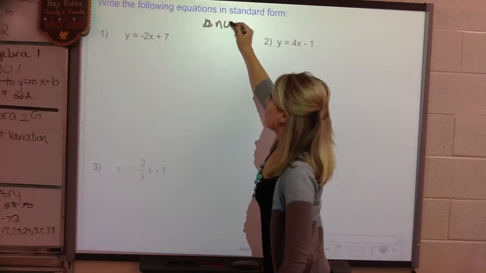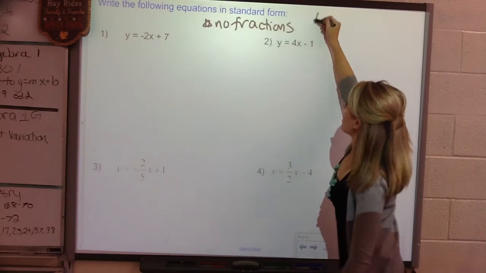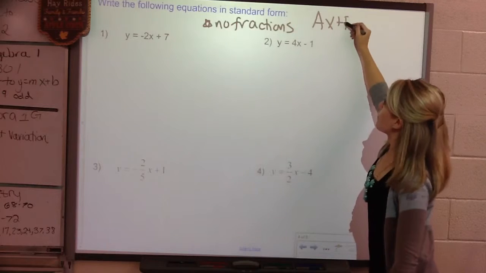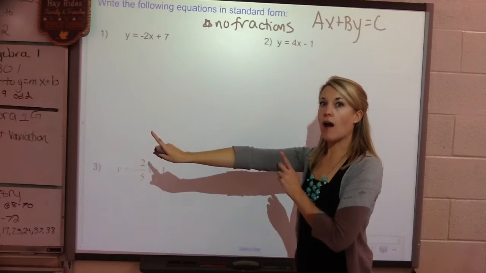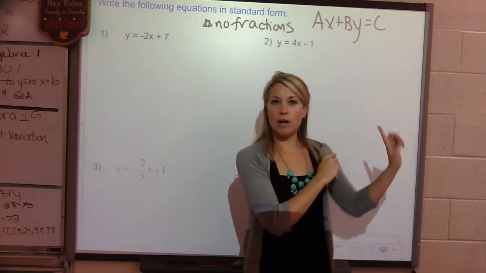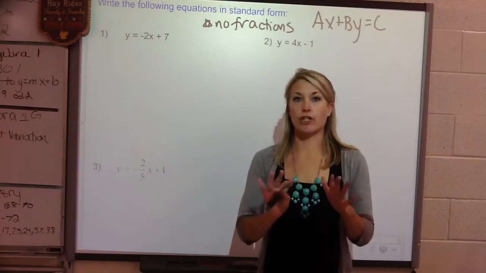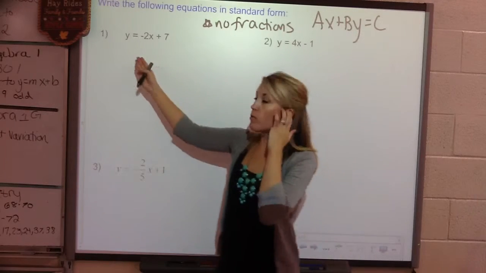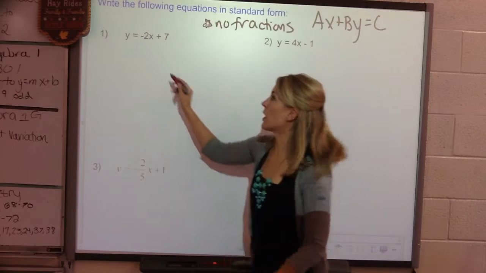Again, we want no fractions, and we want it to look like ax plus by equals c, which means I want the x and the y on the same side. I want a constant on the other side, and I'm just making sure there's no fractions. So I'm going to start with number 1. The easiest thing for me to do is to make sure x and y are on the same side.